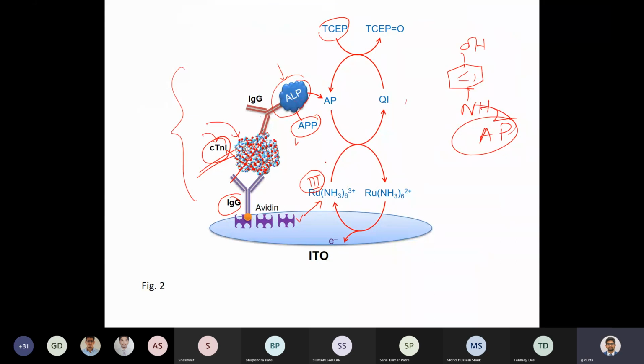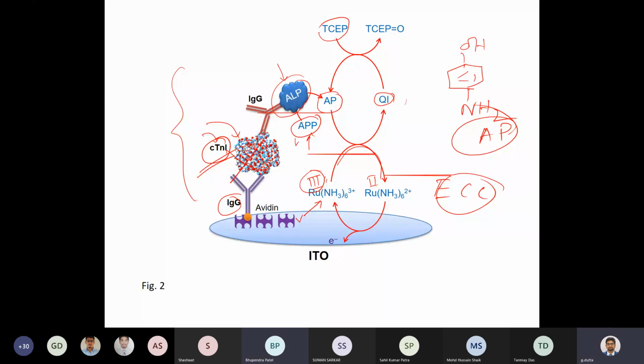Because the higher one will be reduced by AP, which is generated from the substrate. So AP will react with ruthenium 3 and form the higher oxidation state of itself, and ruthenium 3 will be reduced to ruthenium 2. You can see. So generally in ECC redox cycling, we use the electron mediator in the higher oxidation state. Clear? Why are we using the higher oxidation state, guys?